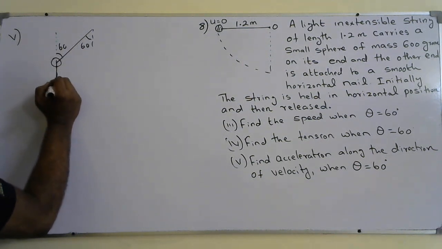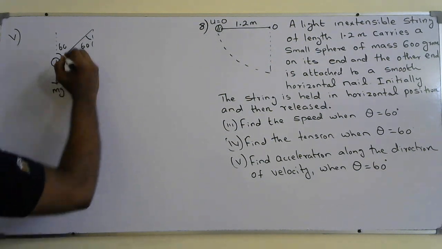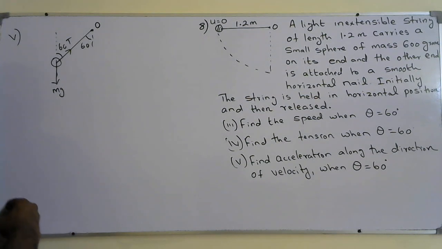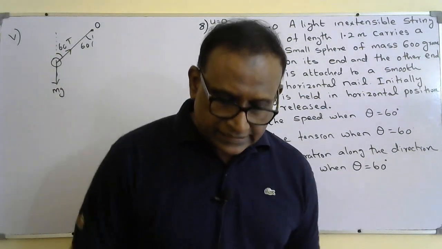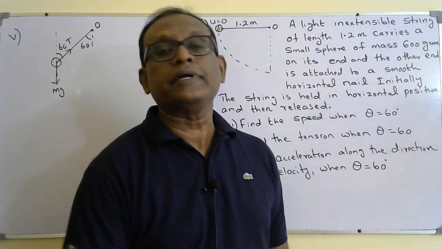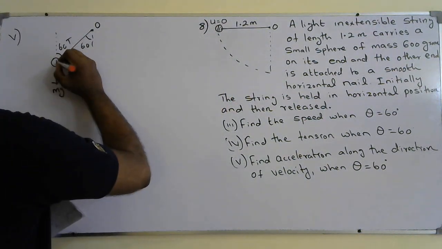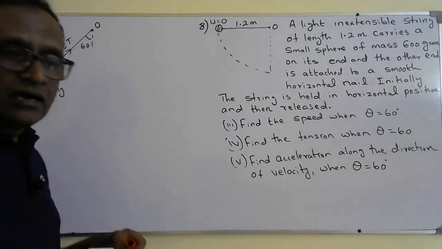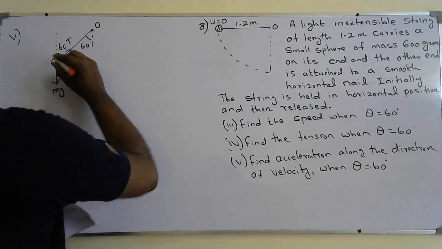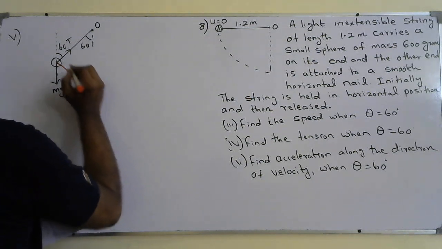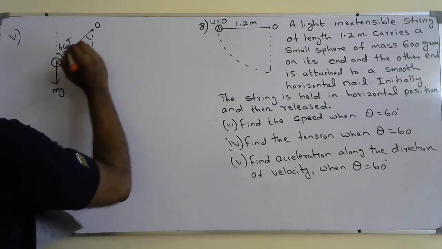So this is the weight mg acting along this direction, tension is along this way, this is the center of the circular path. You know velocity will be along the tangent, that means the velocity is perpendicular to the tension. Normally we don't mark velocity on a free body force diagram, but I'll draw it here. The velocity is perpendicular to the tension.